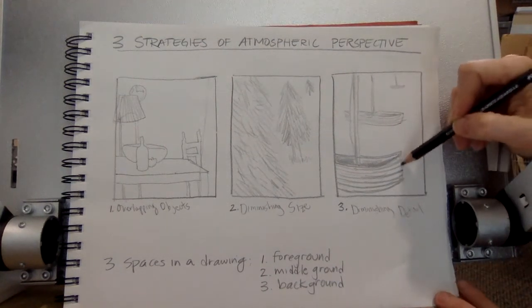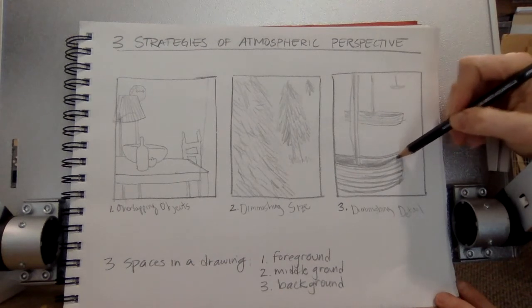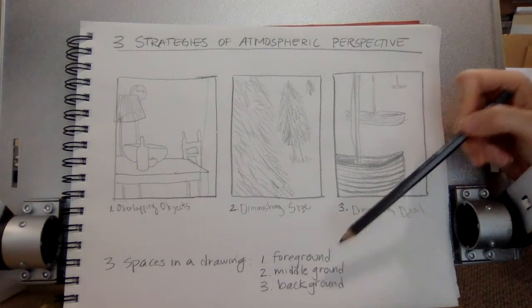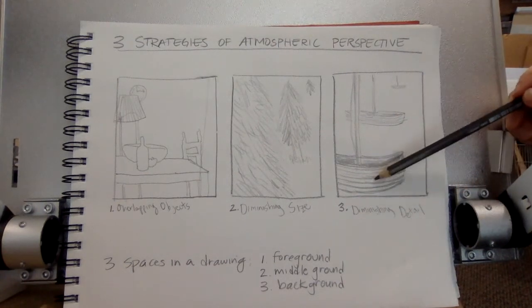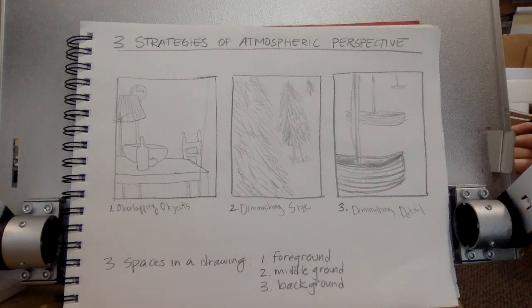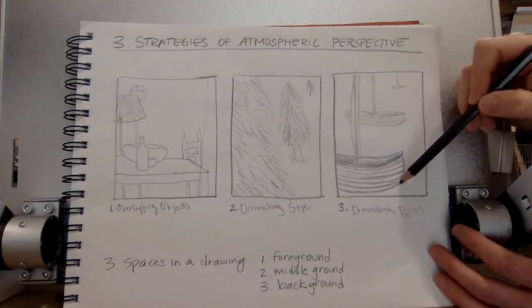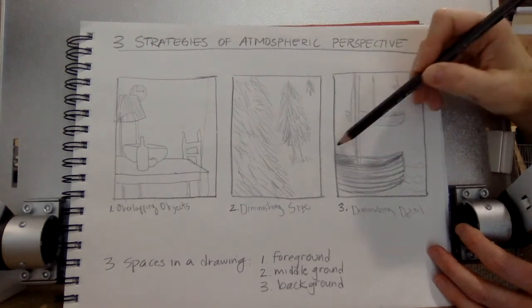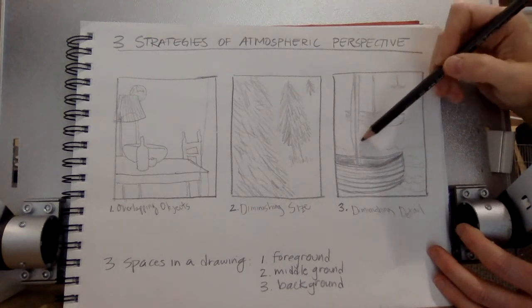So now you pick your own objects, not boats, but something different that you're going to draw 3 of them, 1 in each of the spaces, a foreground, a middle ground, and a background, and make the detail diminish as it gets farther away. The more you can exaggerate this, the deeper the space looks, right? So maybe I also have detail for the water that these boats are sailing in.